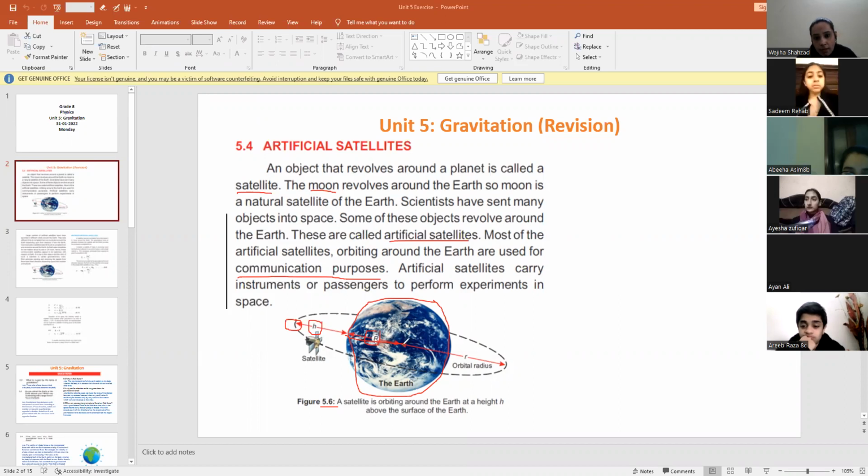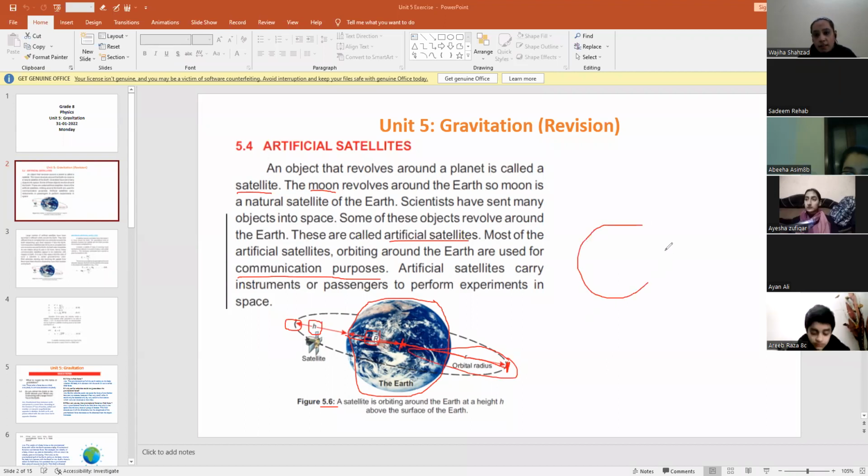And from the center of the Earth to the end point where the artificial satellite is placed, this is the radius, which is known as small r.